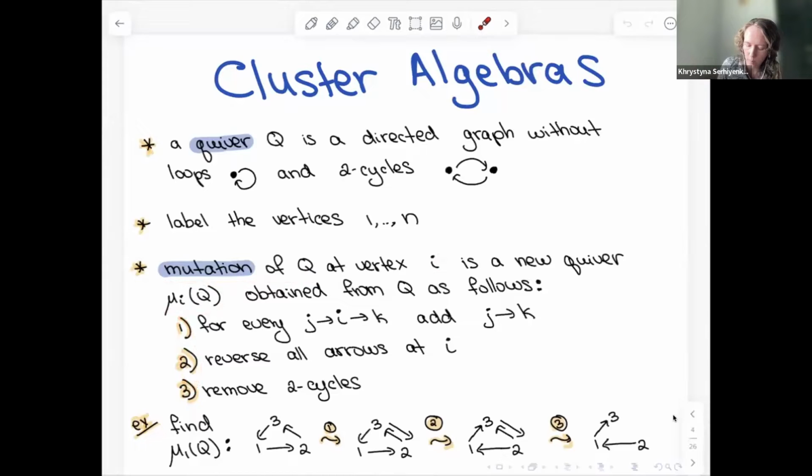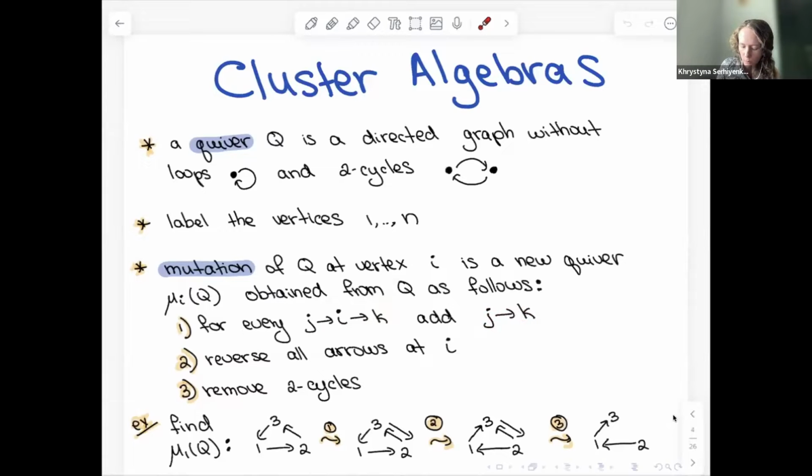The first step is you look at the vertex i you're going to mutate. You look at the paths of length 2 going through that vertex. So you want an arrow coming into i and an arrow coming out of i, and for every such path, you're going to add a direct arrow from j to k, something which bypasses the vertex i.